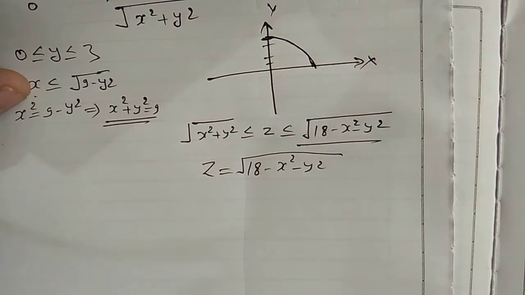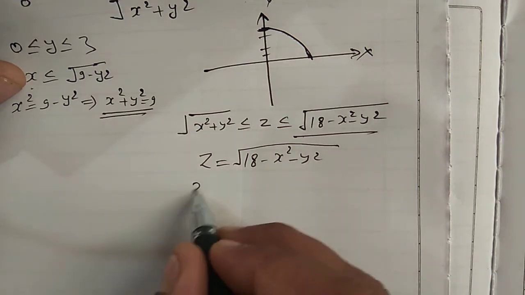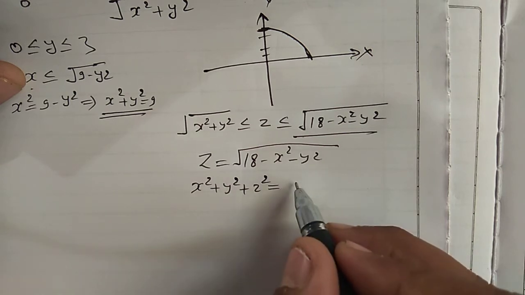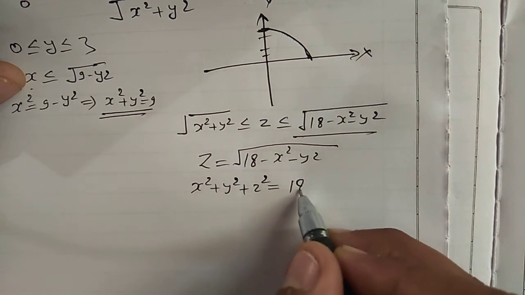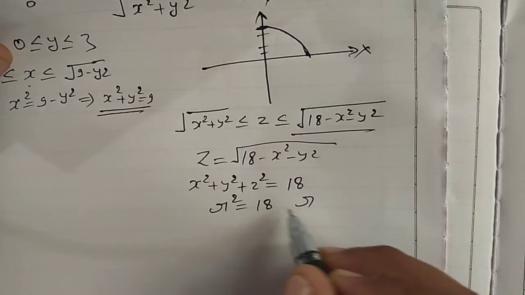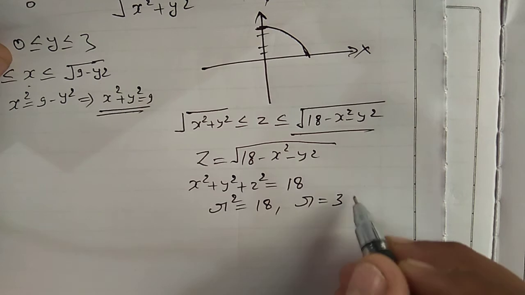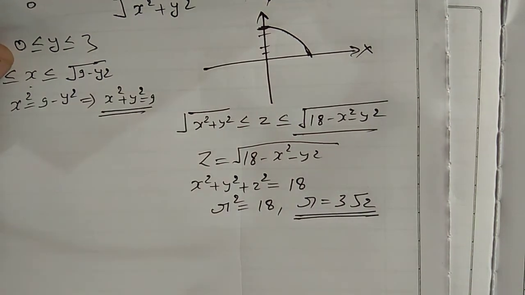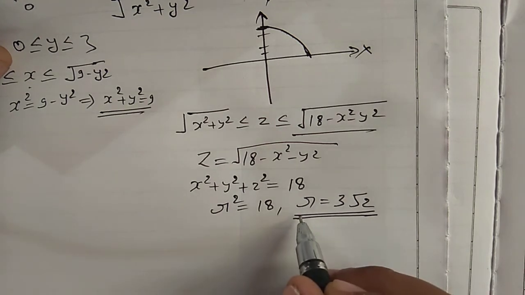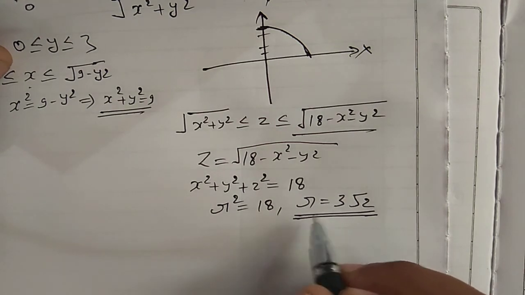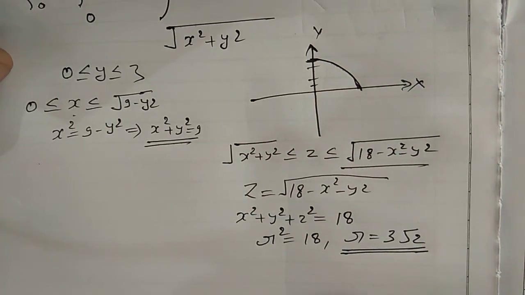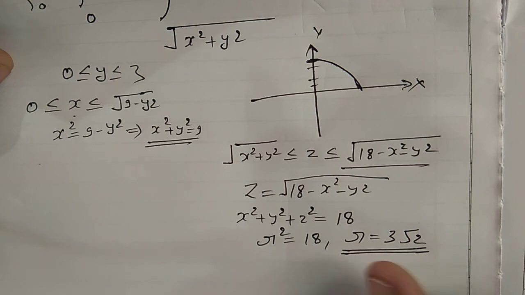If you square and simplify, we get x square plus y square plus z square equal to 18. So r square equal to 18, so r equal to 3 root 2. So your r limit will be 0 to 3 root 2 because it's positive only. We won't take negative. R is the distance. So r varies from 0 to 3 root 2.